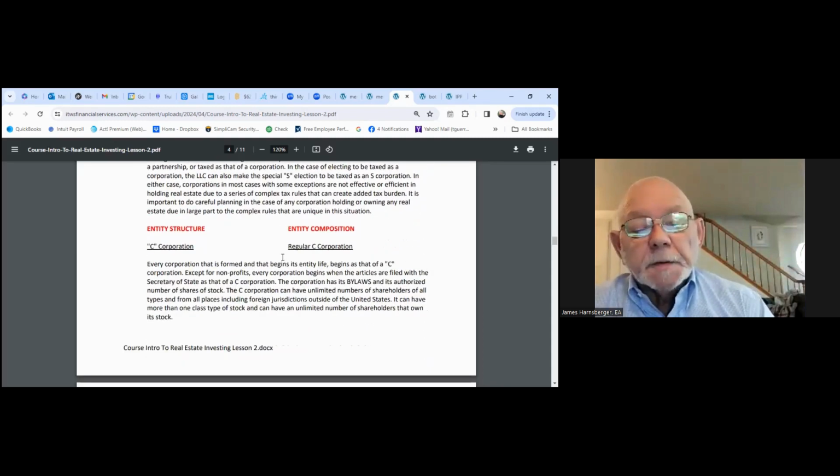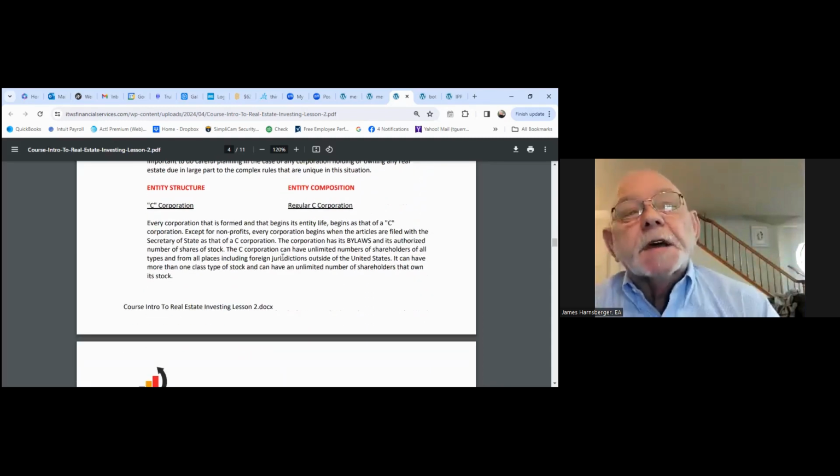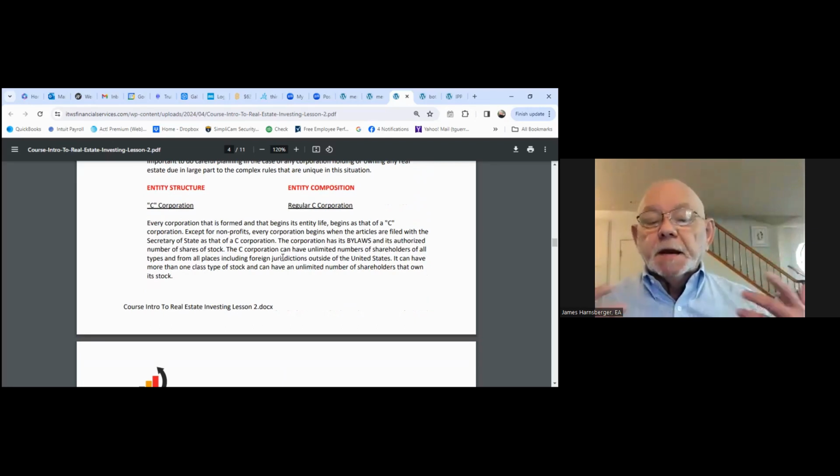Then you have the particular holding where the property is owned by a C corporation. Every corporation is formed and its entity life begins as a C corporation, in perpetuity until you dissolve the corporation. So it's going to last forever.